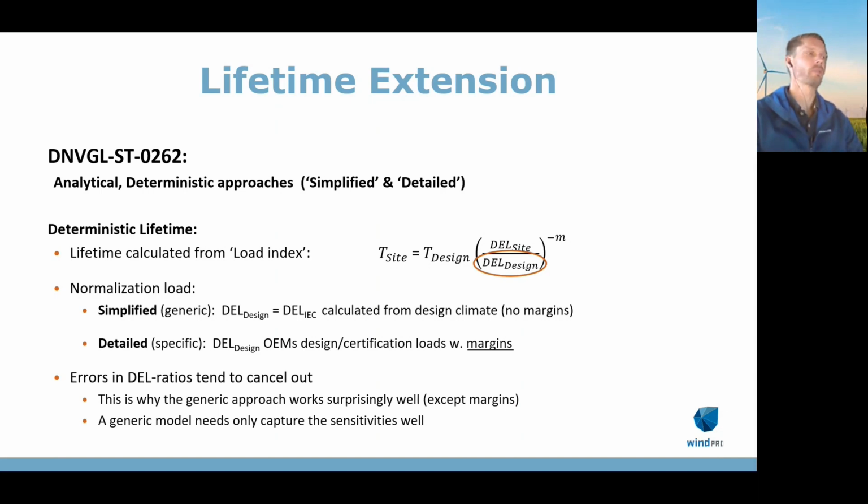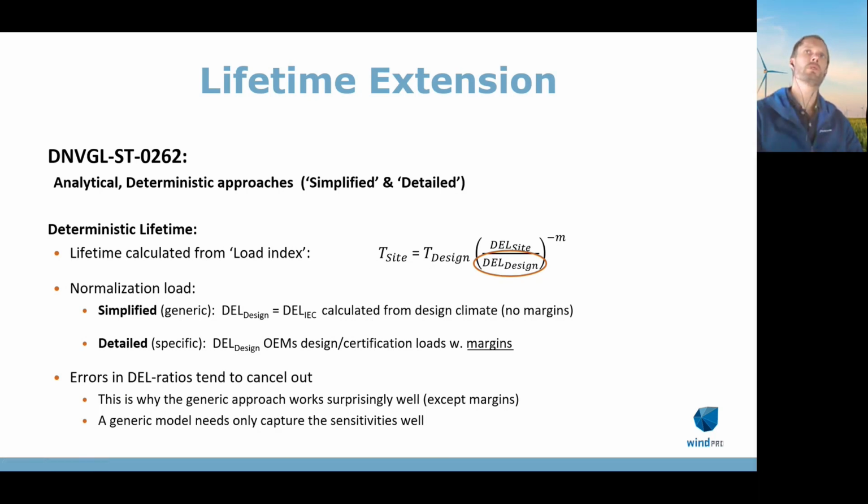And just a small note here, you might wonder, does it actually work using a generic model? And it actually does, and very often it is surprisingly accurate. The reason is that what we are looking at is not predicting absolute load. This is a ratio between the site loads and the design loads.